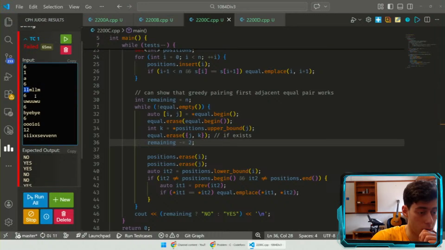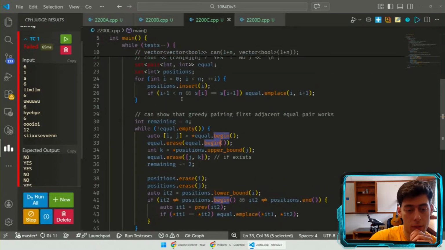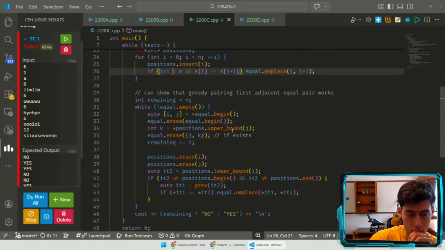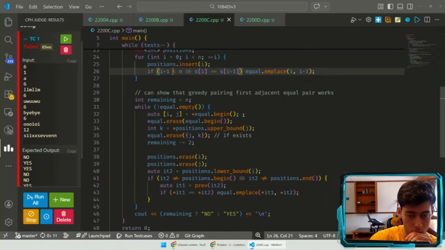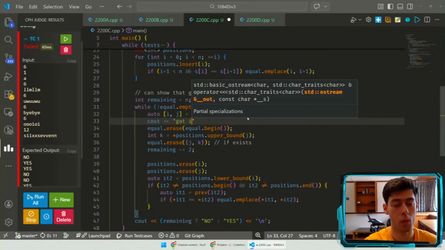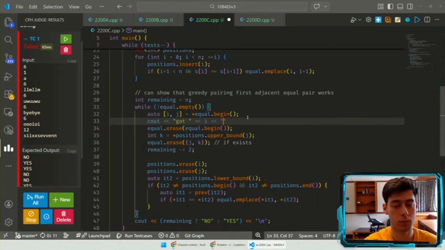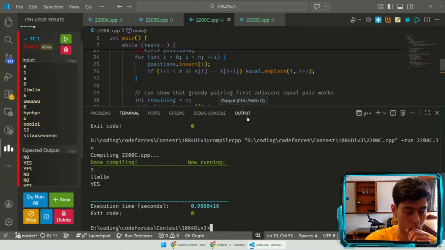Just remove this, right? And then this, and then this. Equal begin, equal erase, equal begin. What?